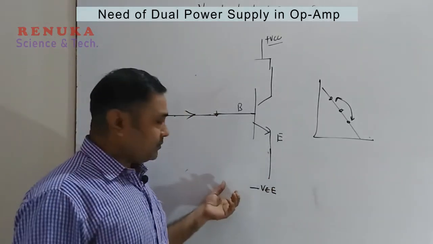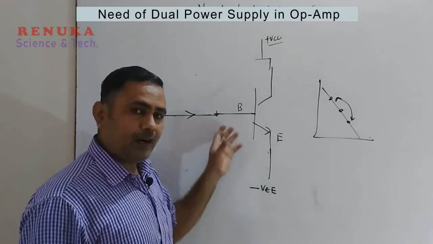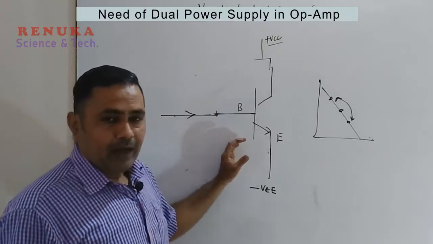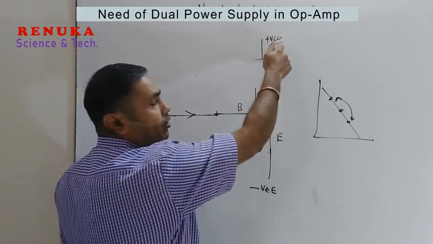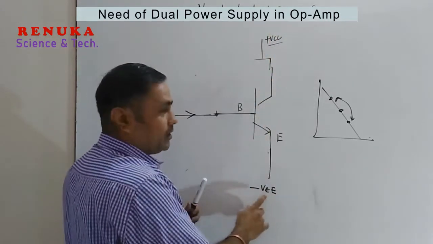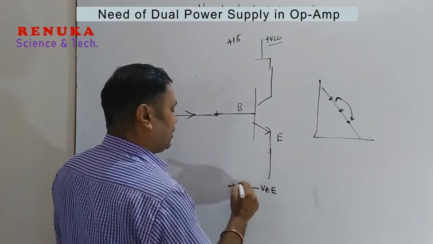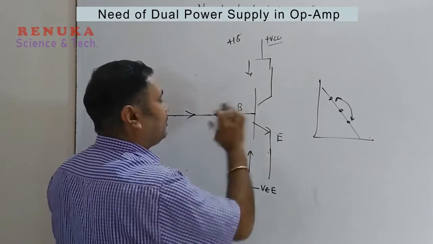Now, the desired forward biasing is provided due to the lower power supply, because the potential of the positive voltage and negative voltage is the same. That means suppose this is 15 volt and suppose this is minus 15 volt. The same current will flow from the positive side and from the negative side.